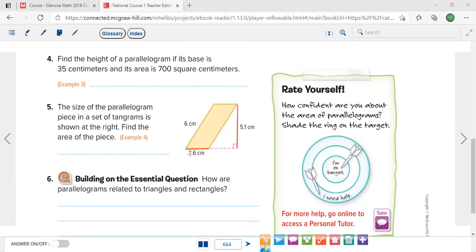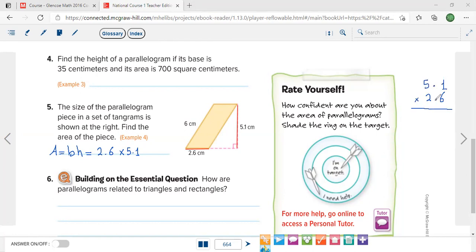So it's like 2.6 times 5.1. So in this case, we are going to say area equals BH equals 2.6 multiplied by 5.1. Let's do the multiplication here. 2.6 times 5.1.